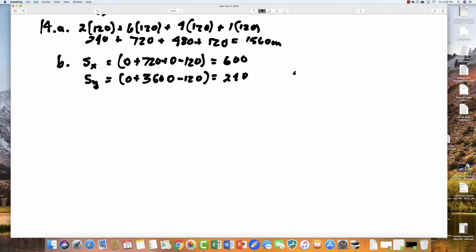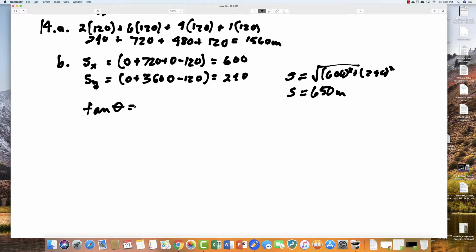And then you know that S is going to equal the square root of 600 squared plus 240 squared, so that S is going to equal 646.22, which is 650 to the significant figures that they have. And the tangent of the angle theta is going to equal the side opposite, which is 240, divided by the side adjacent, which is 600. This also represents x and y here.